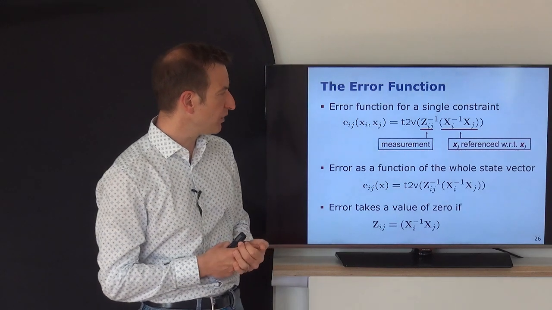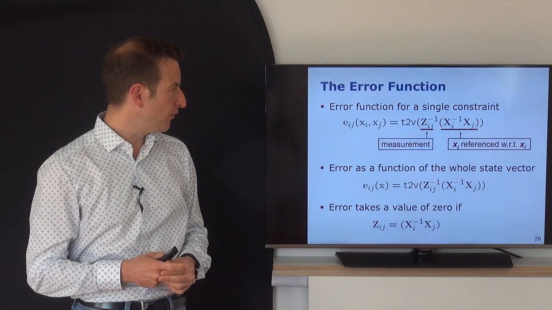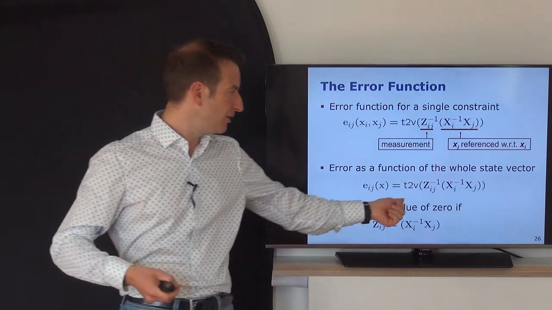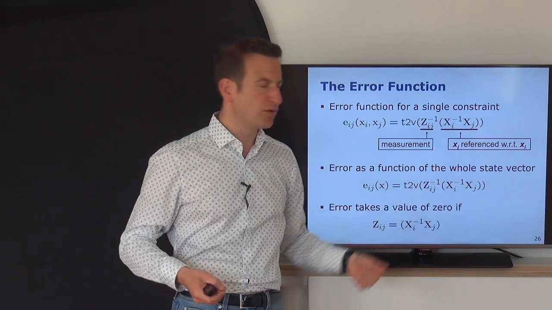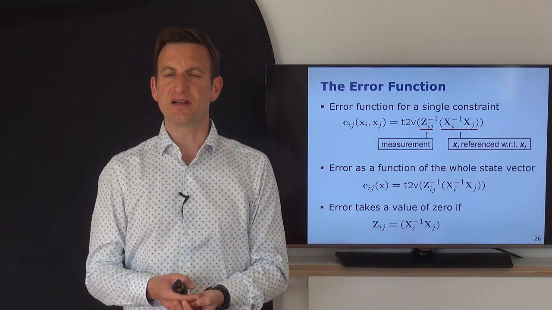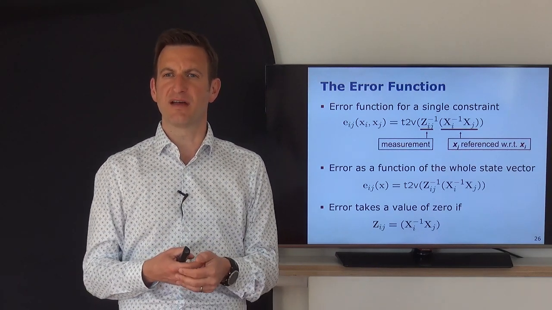Or we can express this not just for a single constraint, but also for the whole state vector. And then, of course, only those components matter where there is actually an involvement. It should also be clear when the error takes a value of 0.